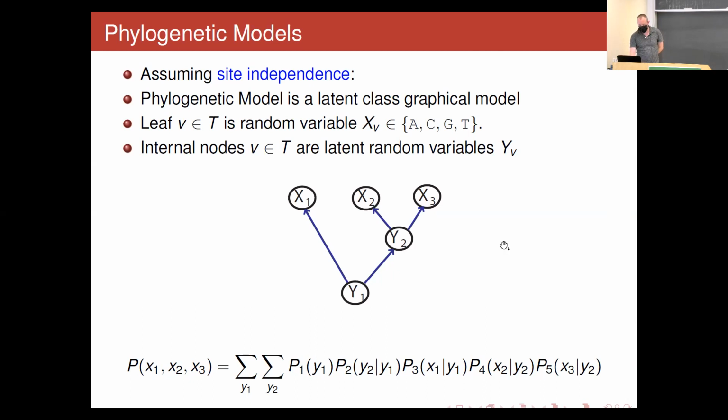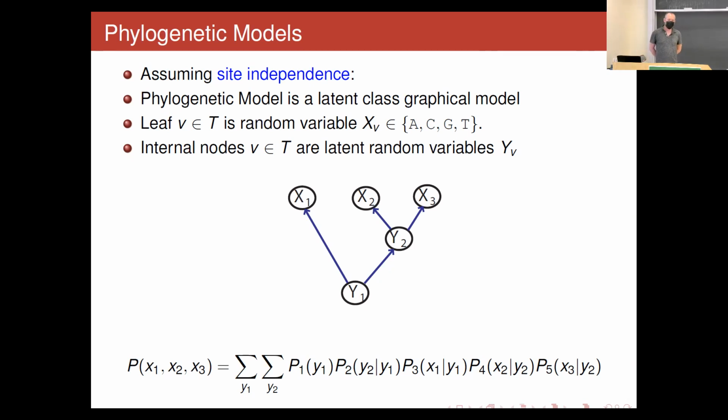So we have these random variables, X, and the random variables at the internal nodes of the tree correspond to species whose DNA we don't have access to. Usually the ancestral species, we don't have access to their DNA. DNA doesn't hang around very much. So Jurassic Park is not real.